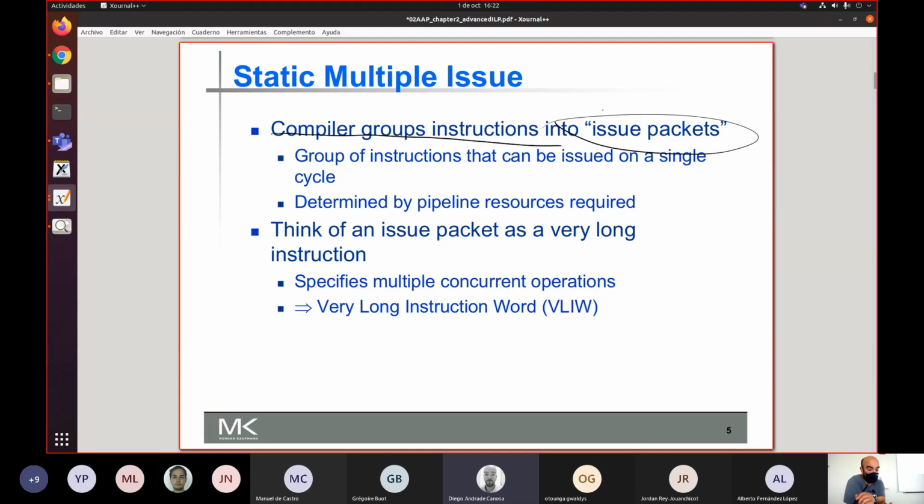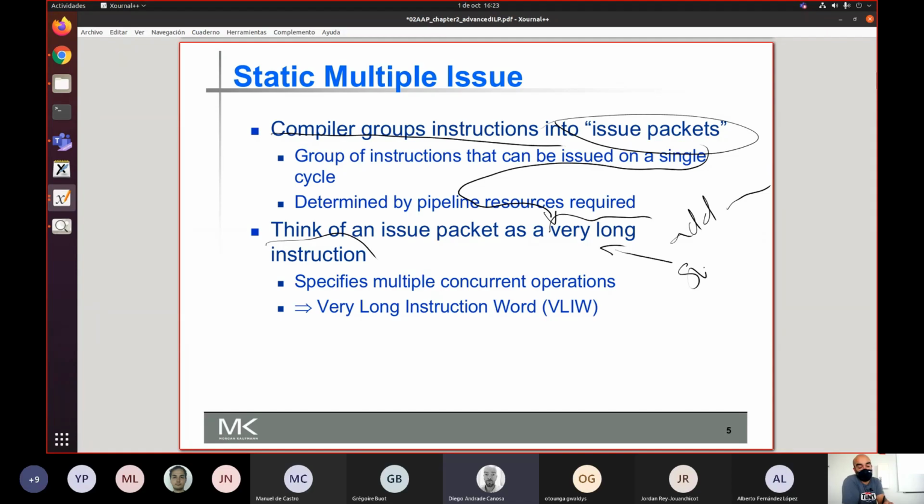When we think about an issue packet, we have to think about a very long instruction, okay, where we have something like an addition with its operands, a subtraction with its corresponding operands, and so on, okay?